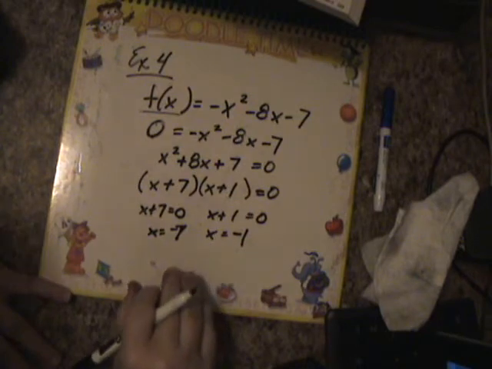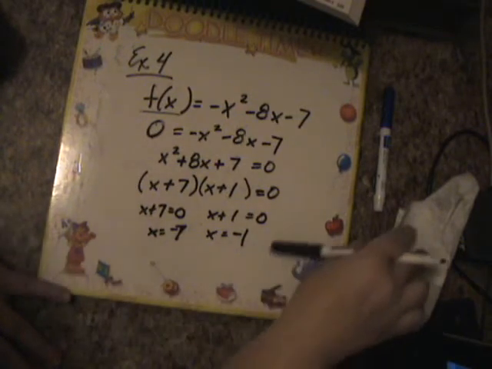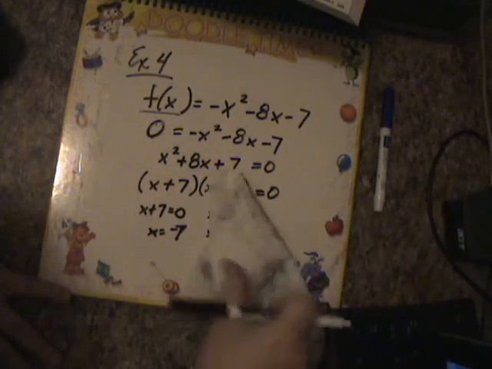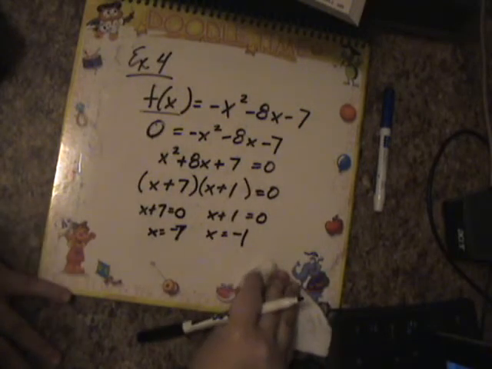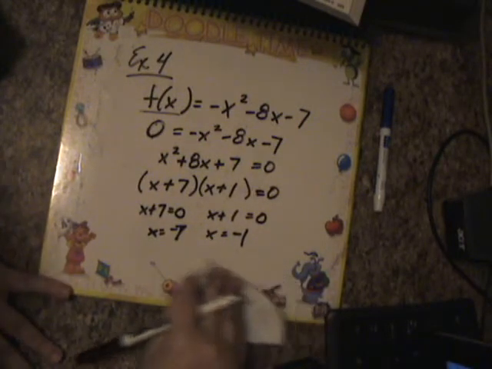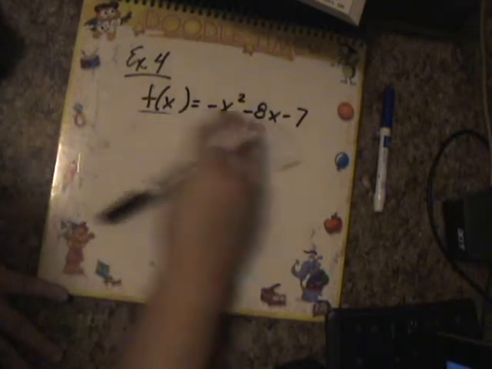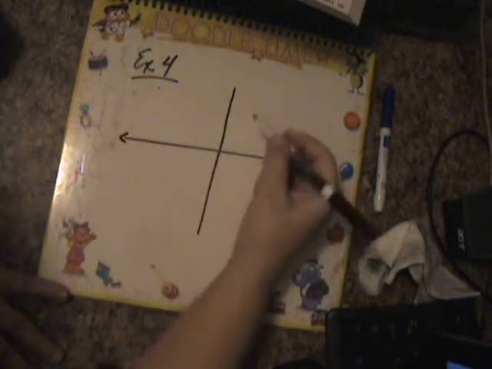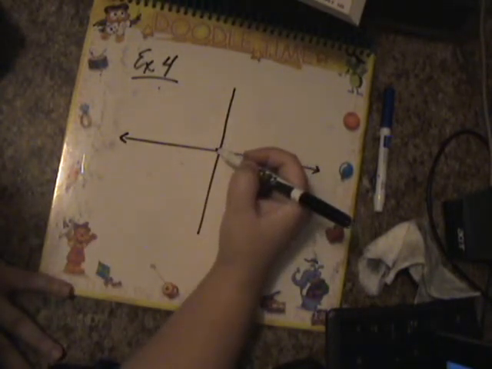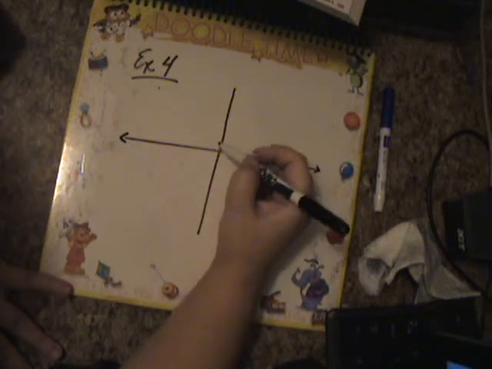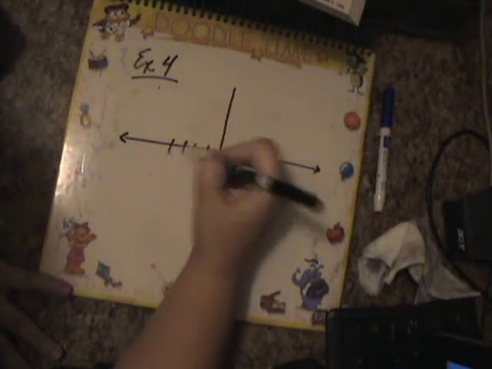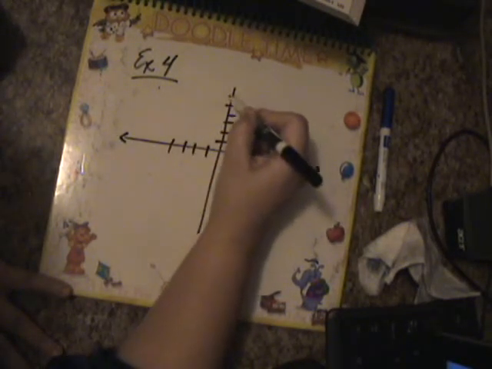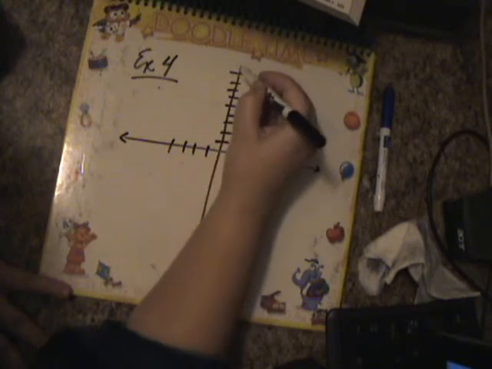Now, using your graphing calculator, if you have one, or the one on the computer, you can go ahead and double check this. And what you get is an equation when you graph it. Okay, I know my vertex is over here at negative 4, 9. 1, 2, 3, 4, 5, 6, 7, 8, 9.